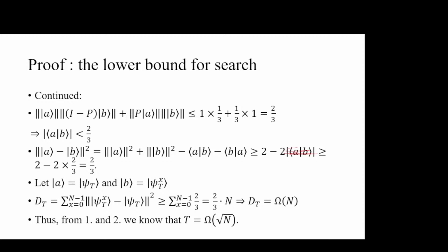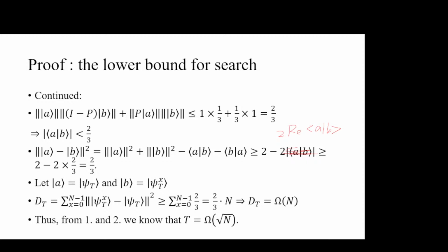So this is minus 2 times the real part of A inner product with B. Let's see. I think this is still correct.